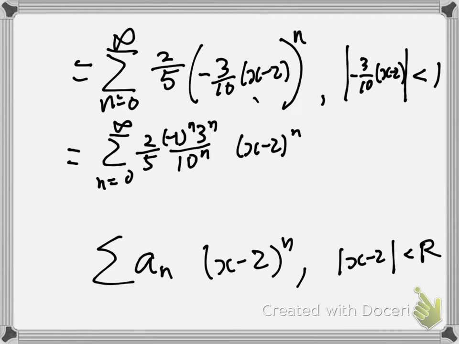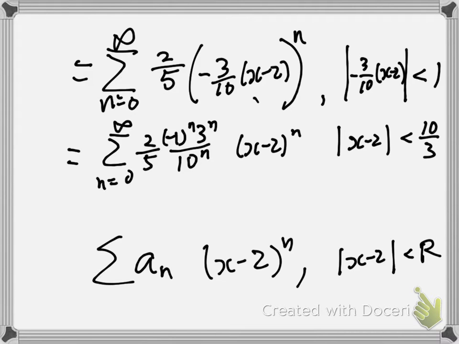This absolute value would kill the negative in the negative 3/10. So the negative will be gone. What we're left with is just absolute value of x minus 2 less than 10 over 3. Not negative 10 over 3, less than 10 over 3, because negative 1 is being taken care of by the absolute value.